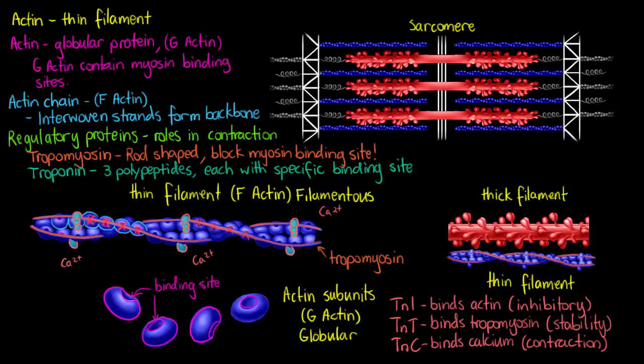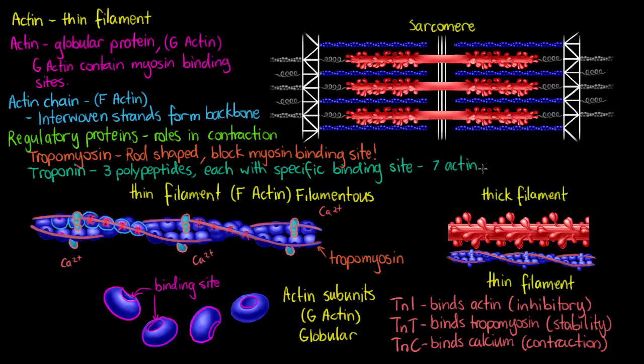And when it does, it can initiate the rolling around of that tropomyosin, so the active site for myosin becomes available. So just to recap, our TNI is inhibitory, our TNT is for tropomyosin, and our TNC is for calcium.